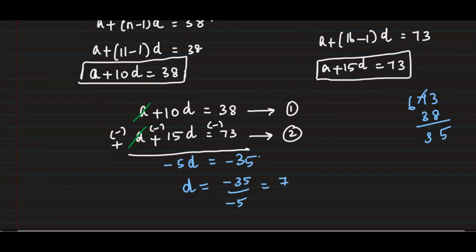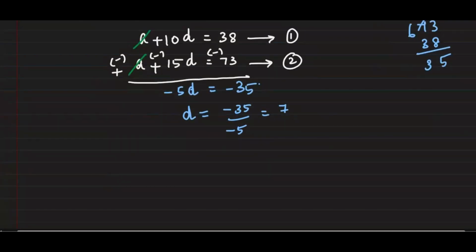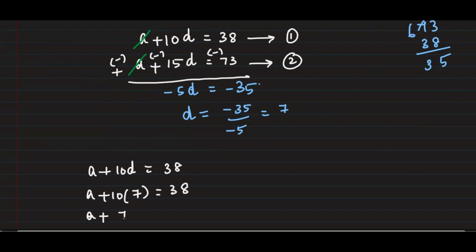Fine, clear now? Now substitute the D value as 7 in equation 1. You can choose any equation. So A plus 10D is equal to 38. Now we know D value is 7. So A plus 10 into 7 equals 38. A plus 70 equals 38.